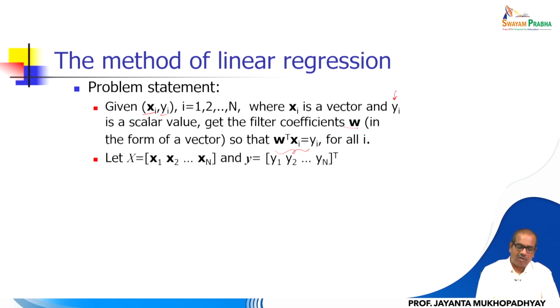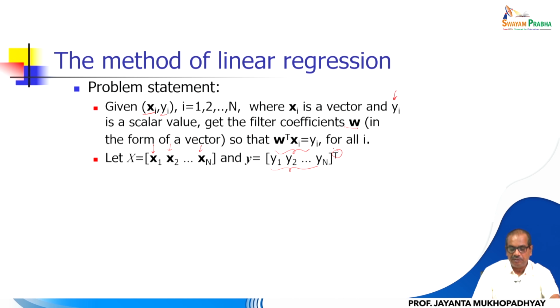All vectors can be represented as column vectors, and it is the usual practice to denote the data as a data matrix, a two-dimensional matrix where the columns are the vectors. Similarly, the respective observations are also represented by a column vector. For convenience, I have used a row vector form, which is why this transpose is considered.